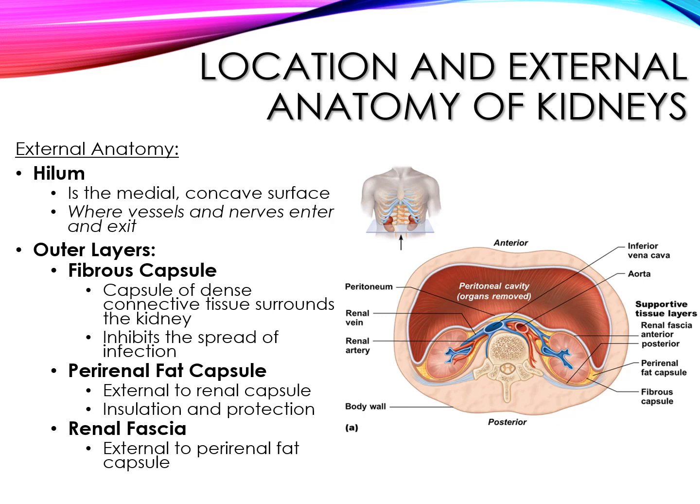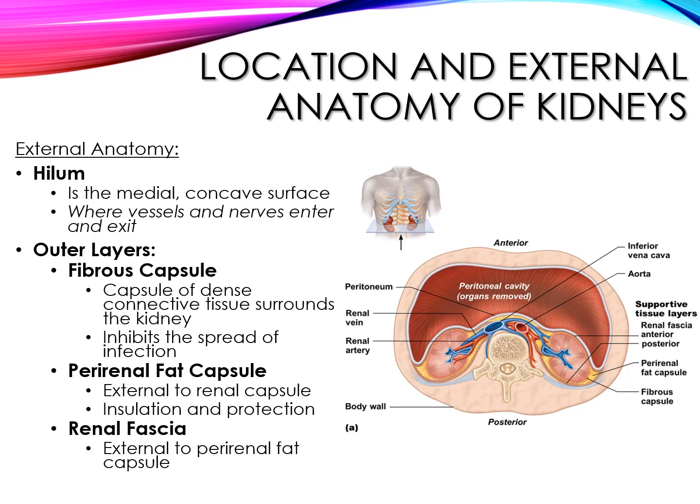First, they have a fibrous capsule, a very dense capsule around the kidney tissue. That helps prevent spreading disease. Say one kidney is affected, it'll keep it contained within the kidney itself and hopefully not spread it to the other kidney or anything else in that area.